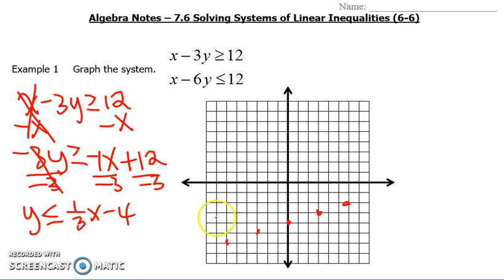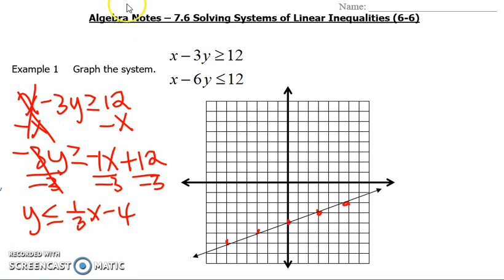And then we're going to connect these dots because you have a solid line there. So go ahead and connect the dots, and then we're going to shade from there.